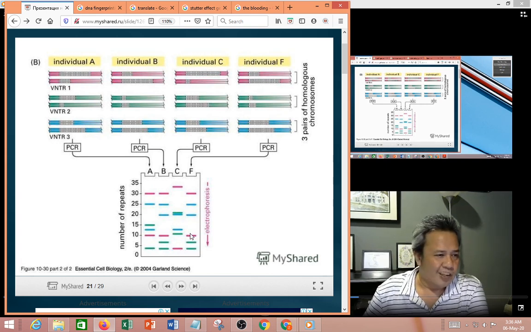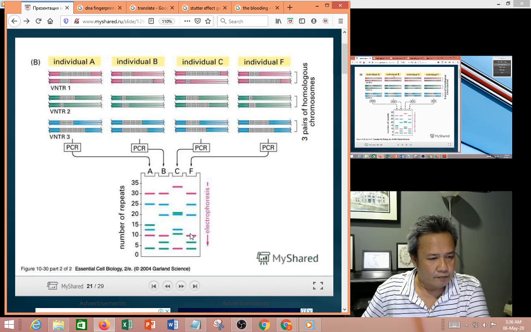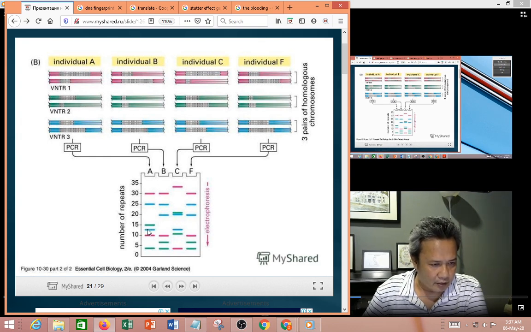What about the green locus? The green locus for A is there, for B is there, for C is there, and F is there. And then for the blue locus, A is there, B is there, C is there.